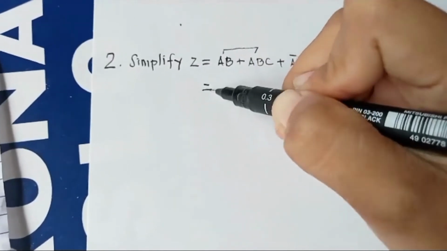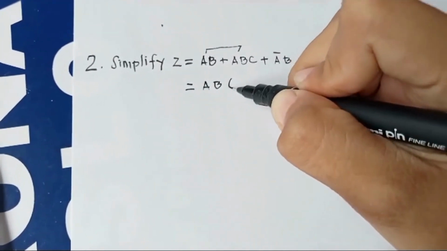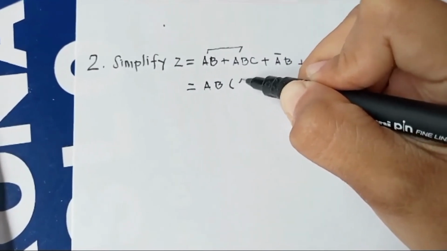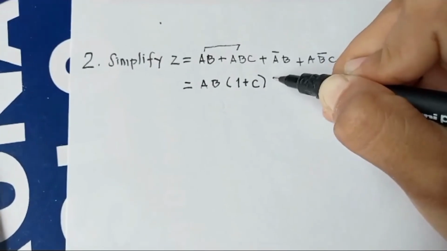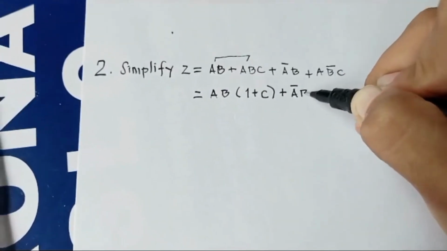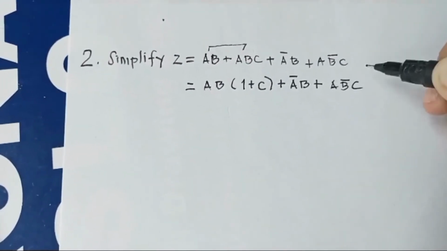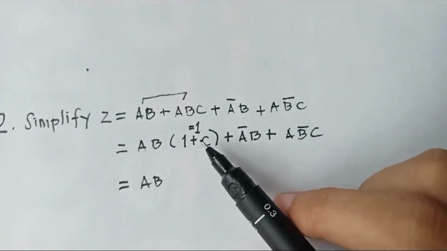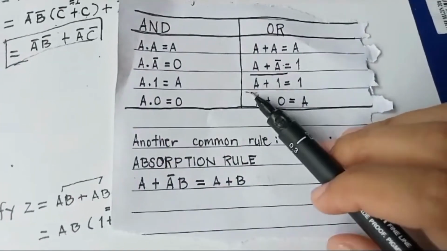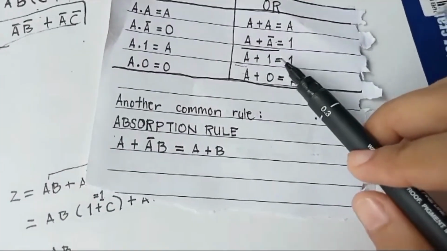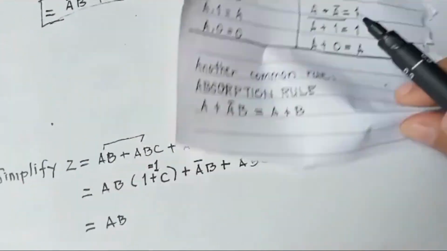Let's put it down: AB times (1 plus C), plus A bar B, plus AB bar C. Here I put 1 because of the OR rule gate, which says that any value added to 1 is equal to 1, or vice versa, 1 plus any value is always equal to 1.